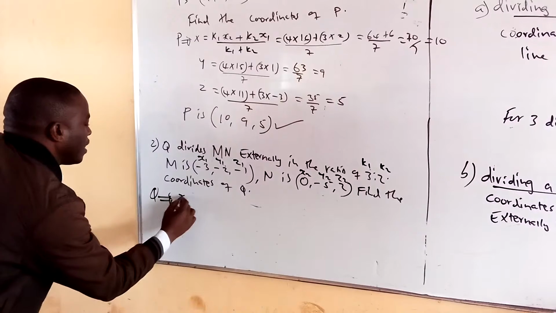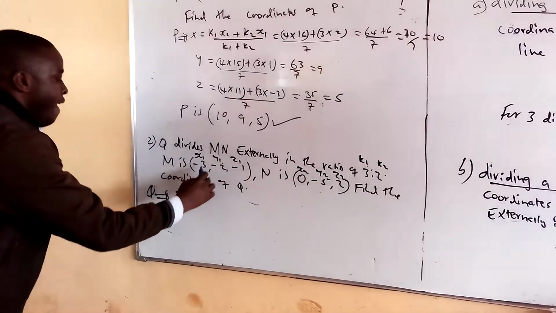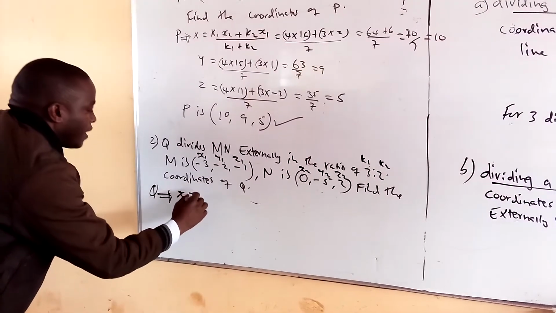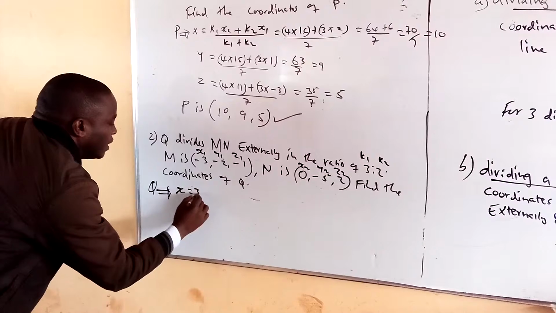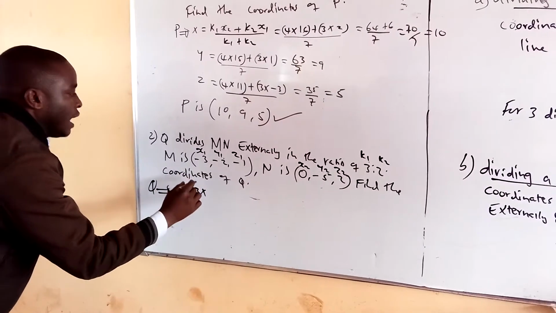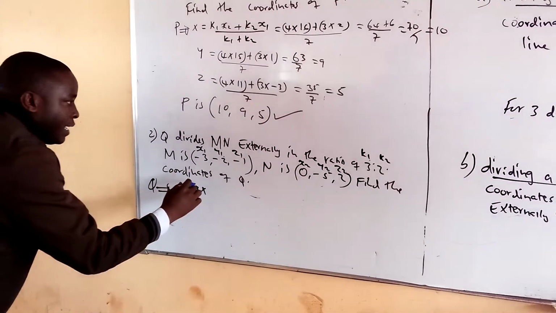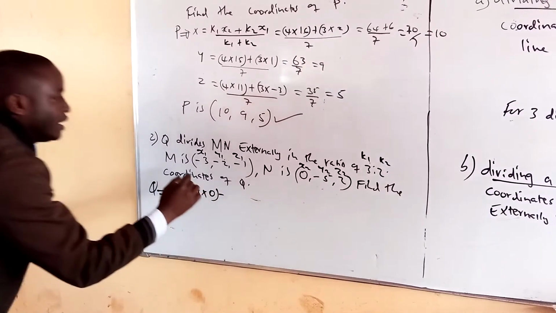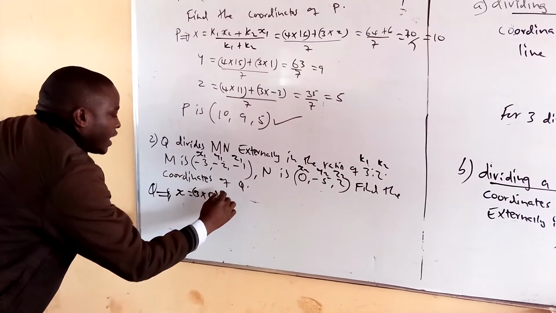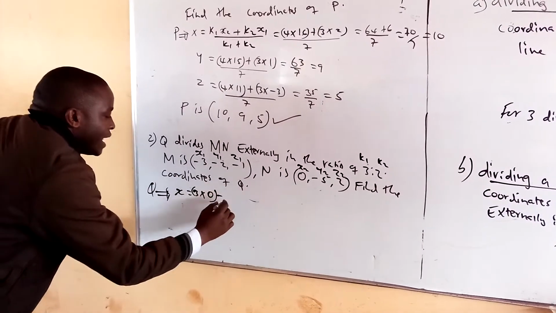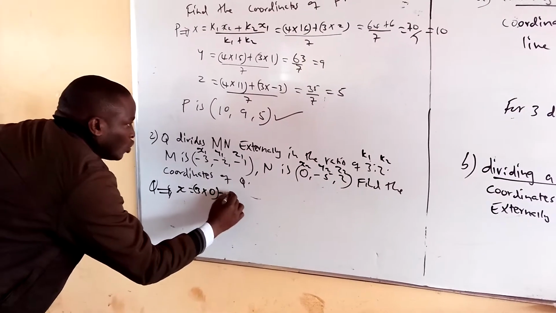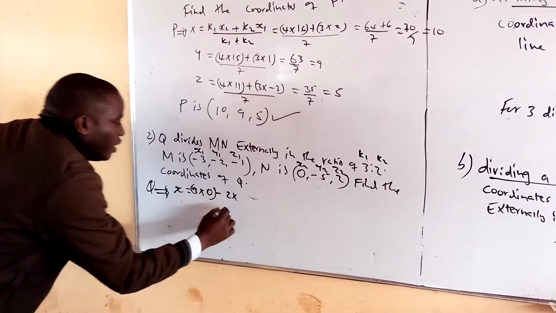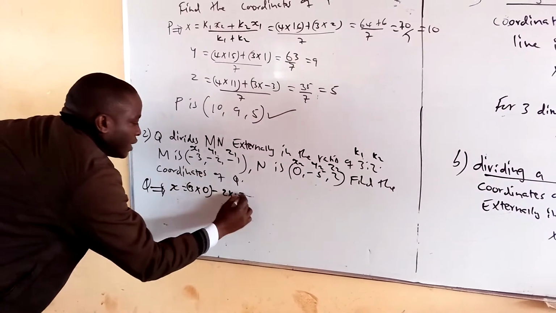So our x now becomes k1, and the k1 is 3, times x2, which is 0. Whatever we get, we minus. Instead of adding, we minus now. We minus our k2, which is 2, times our x1, which is -3.